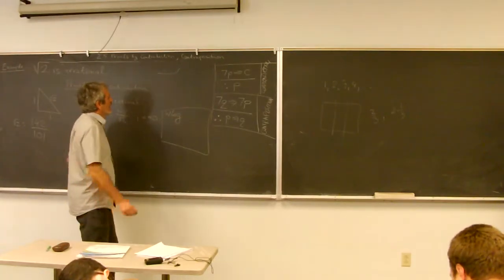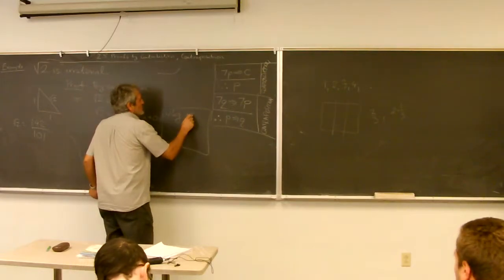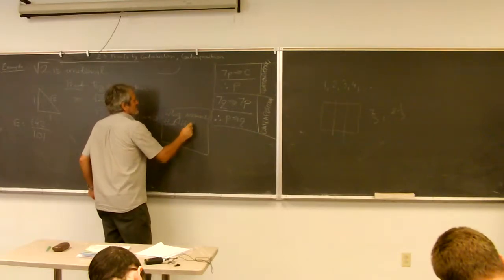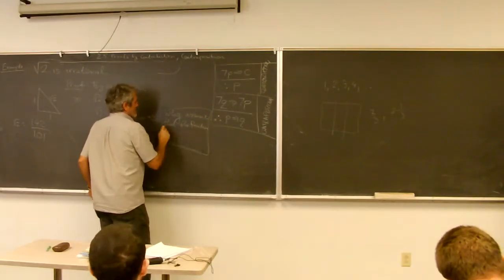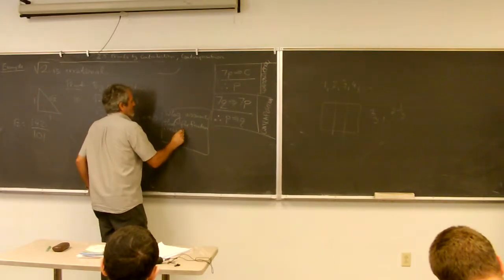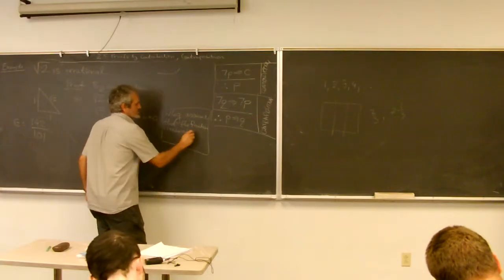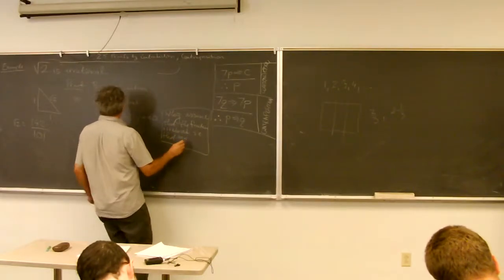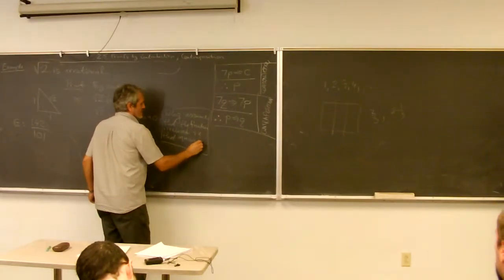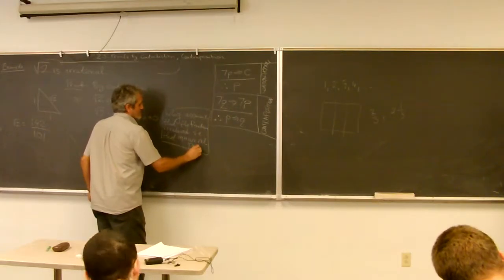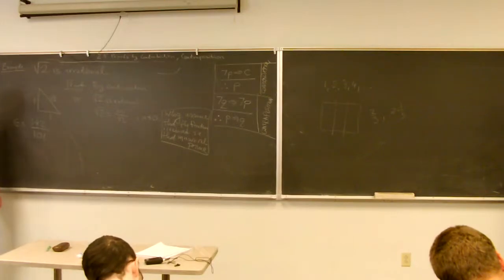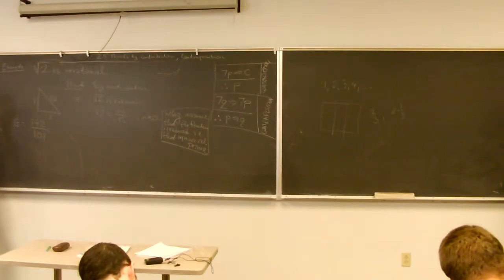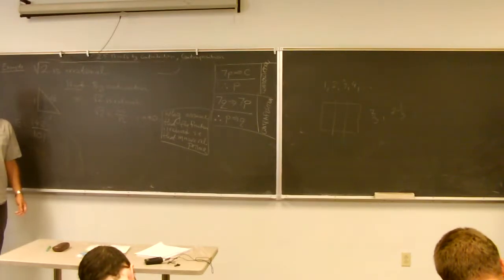That's why we say WLOG. So WLOG, I assume, and that's not a special assumption, that the fraction is reduced, which means that m and n are relatively prime. Relatively prime. And that's a crucial assumption.